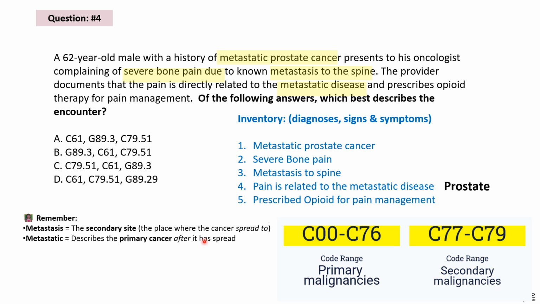But we see that C is starting with C79.51. All right, coders, we're going to eliminate that because we know it's sequenced wrong. It's sequencing the secondary or the metastasis before the primary cancer. Okay, coders, are you with me? All right, let's continue.